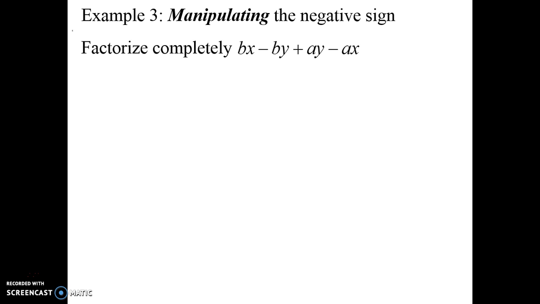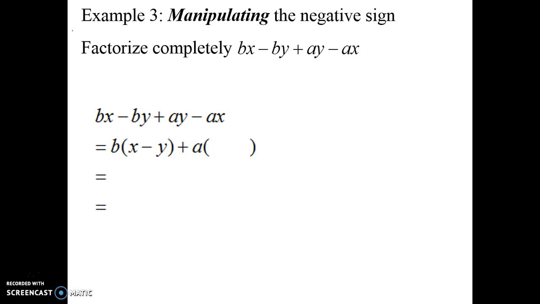In the next example, we will learn how to manipulate the negative sign. Factorize completely bx minus by plus ay minus ax. In this example, in the first two terms, you can take out b as a common factor, and in the last two terms, you can take out a as a common factor.